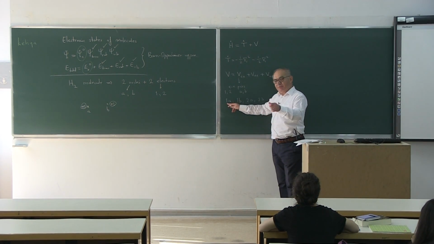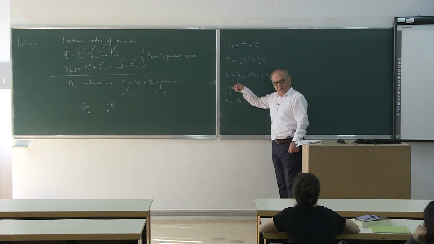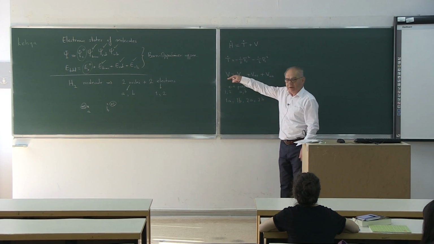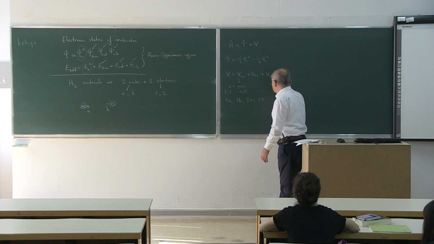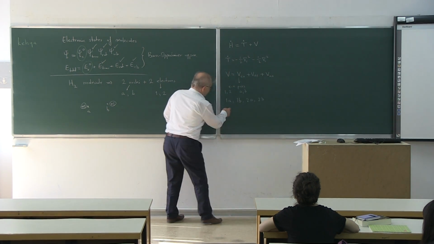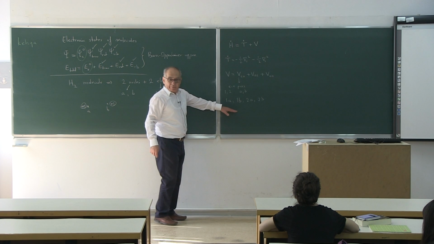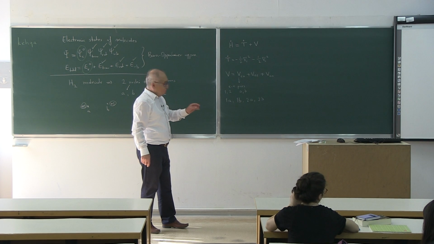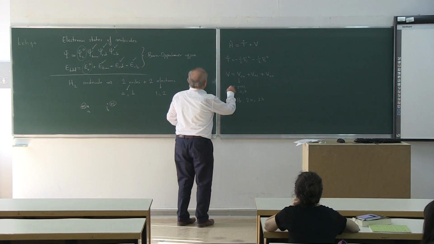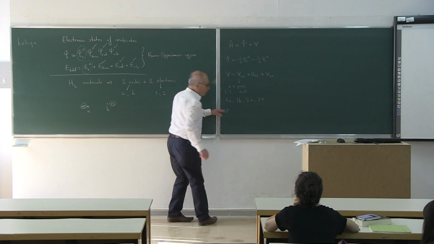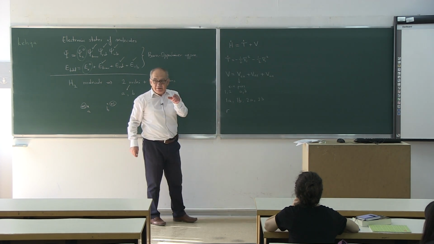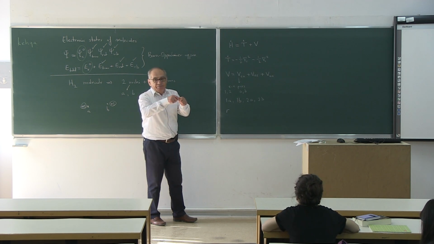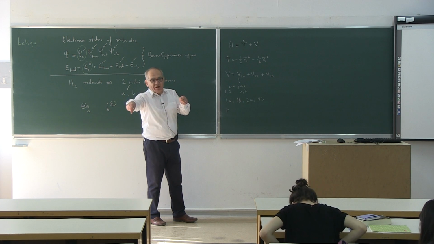Why? Because the electron has -1 charge, whereas the nuclei have a positive charge. In this case, the charge is +1. Our standard labeling is such that we use the letter r, small r, meaning the distance of an electron to another charge.